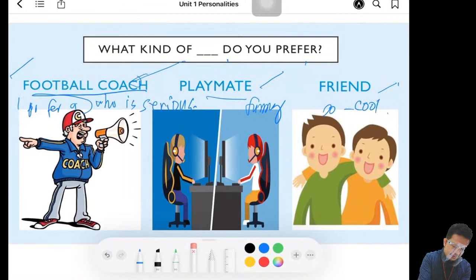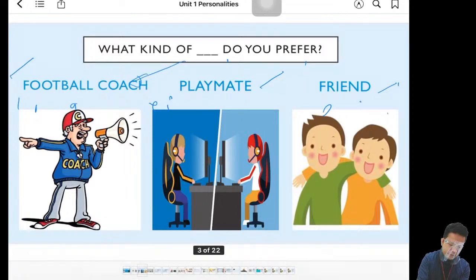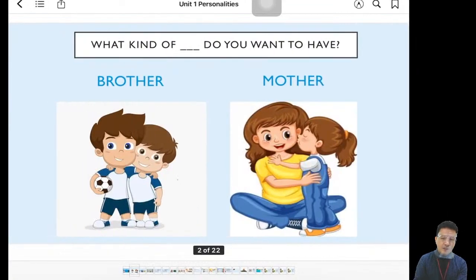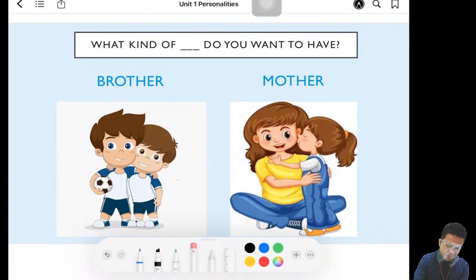Okay, now let's move to the other set of photos. You have here brother and mother. The question is, what kind of, for example, brother do you want to have? Or what kind of mother do you want to have?